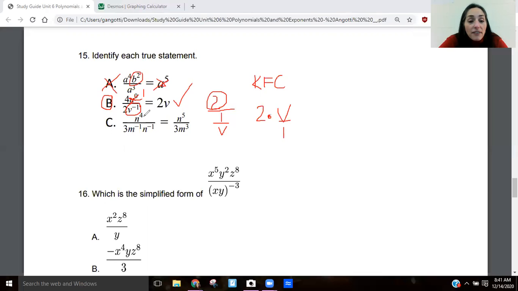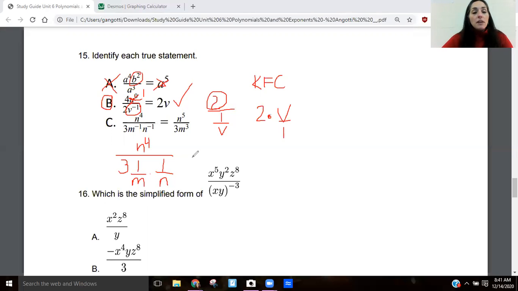So you have n to the 4th in the top. You have a 3 in the bottom. And then you got these guys with the negative exponents. So you have to rewrite them with positive exponents. So this will be 1 over m. And this would be 1 over n, right next door to that.